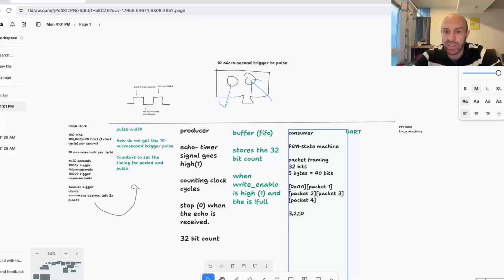But if I don't have an identifier, after the signal arrives in software, without the identifier, it might read like 1, 3, 2, 0, out of order. So that's the purpose of having your packet framing with the finite state machine.